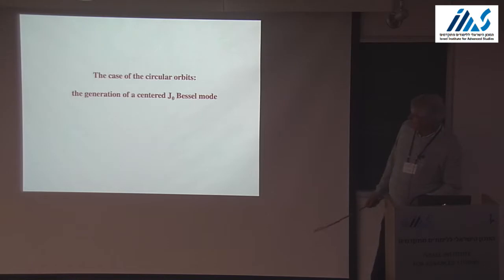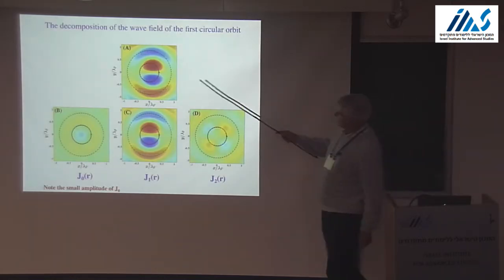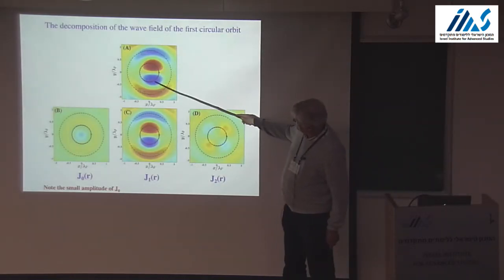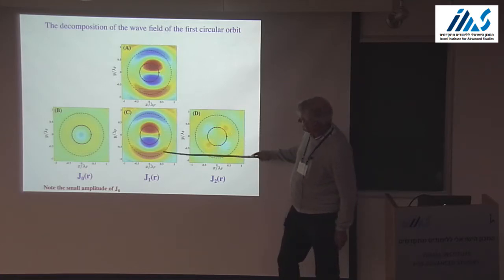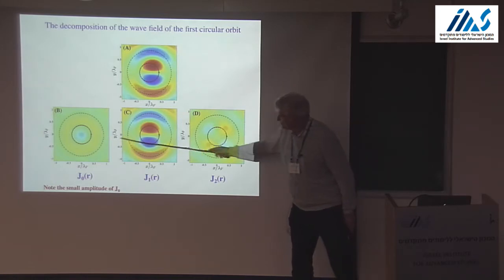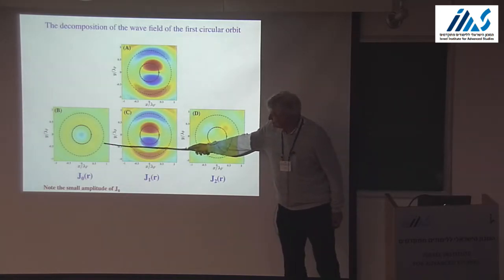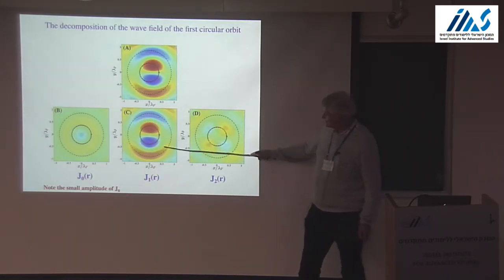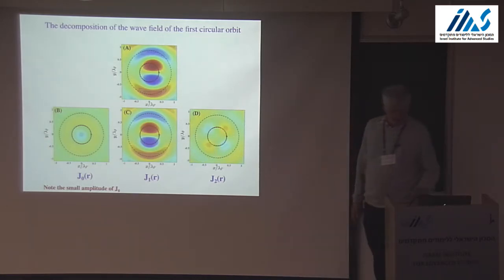And if you do that, you realize that, for instance, the global field of the drop moving on its first circular orbit can be projected as a component with a very weak J0 Bessel function, a very strong J1 Bessel function, which drives the motion, and a very weak J2 Bessel function.